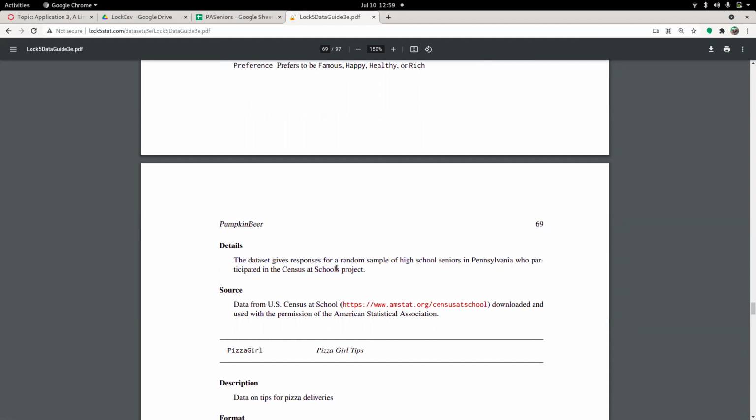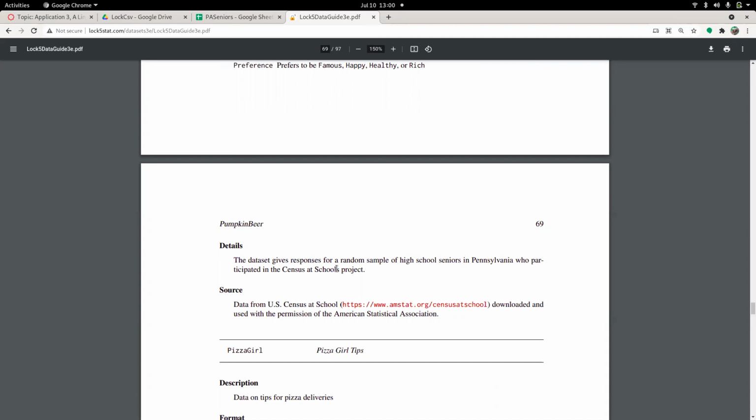So this data set gives responses for a random sample of high school seniors in Pennsylvania who participated in the Census at Schools project. Okay, so it's random high school seniors. Now, it's probably not all high school seniors. If they were participating in the Census at Schools project, that means they were probably in a math class where the teacher decided to use this curriculum.